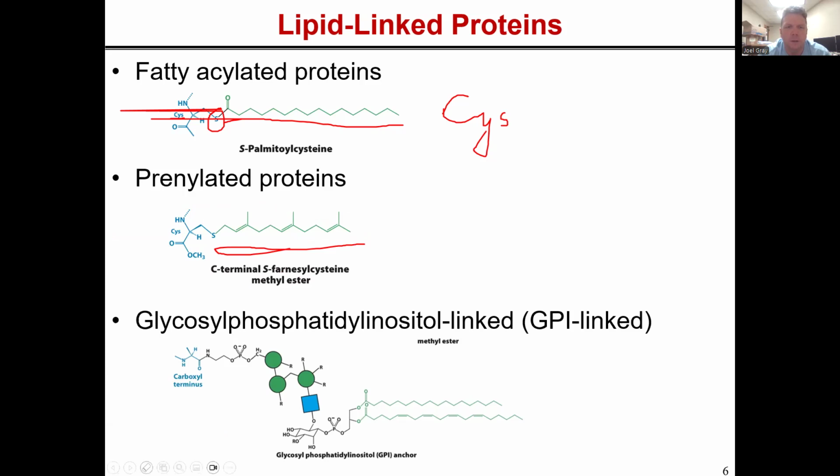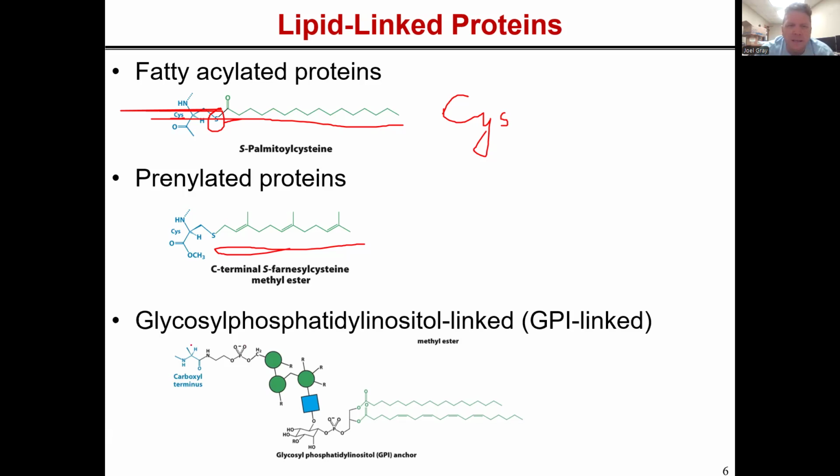That chain right there is what is linked to a cysteine residue, and that cysteine residue is where this prenylation, this farnesylation, is added. Now, these can vary a little bit. They're not always going to be three of these five carbon molecules. Instead, it could be four of these five carbon molecules.